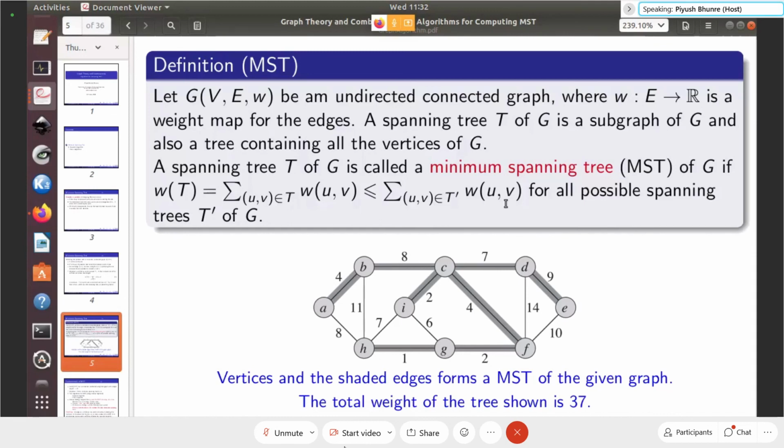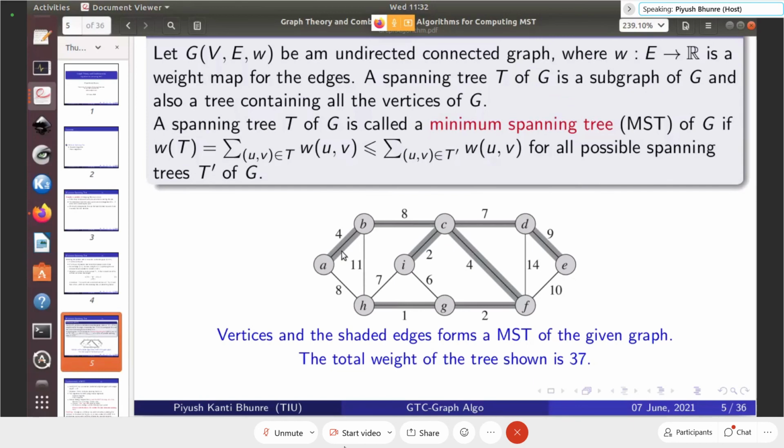So that means there may be multiple minimum spanning trees also. For example, in the given graph below, if we pick the shaded edges and the vertices of this graph, it is a spanning tree. Also it is a minimum spanning tree, and the total weight is 37.